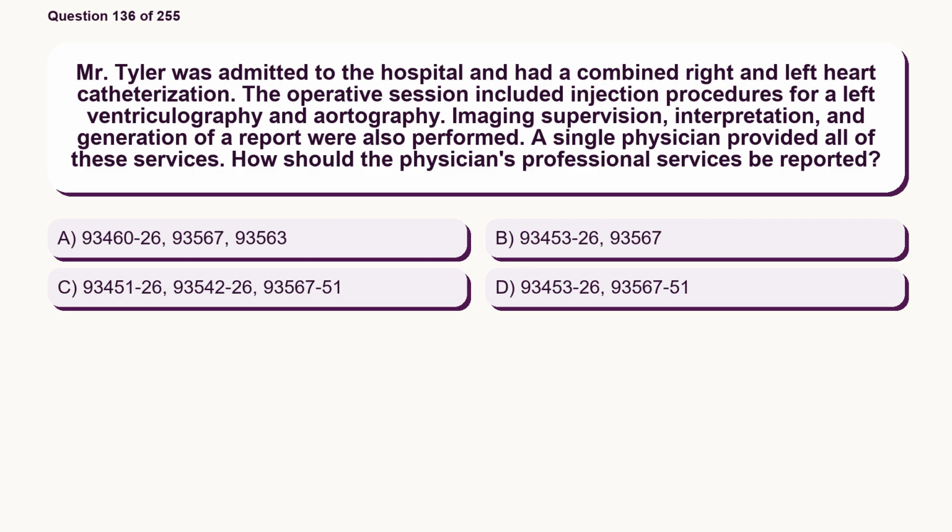Option A, 93,460 to 26, 93,567, 93,563. Option B, 93,453 to 26, 93,567. Option C, 93,451 to 26, 93,542 to 26, 93,567 to 51.